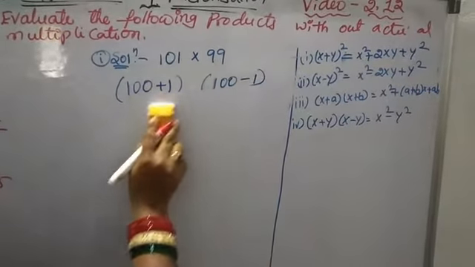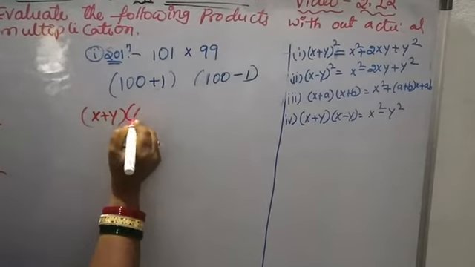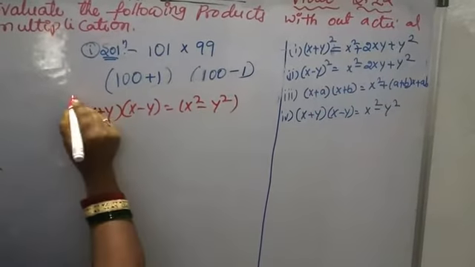So I am here writing the formula: x plus y into x minus y is equal to x square minus y square.